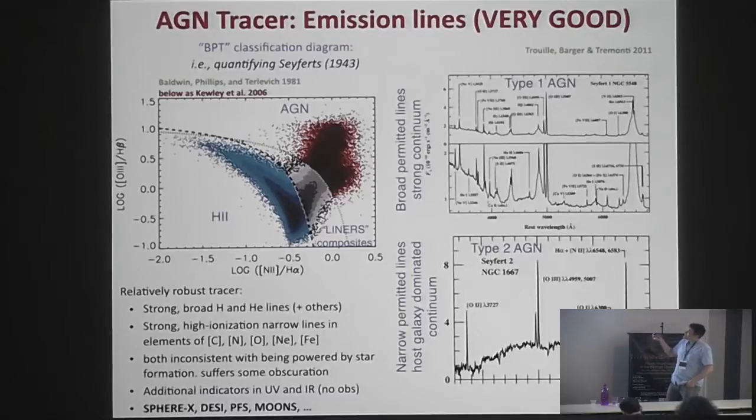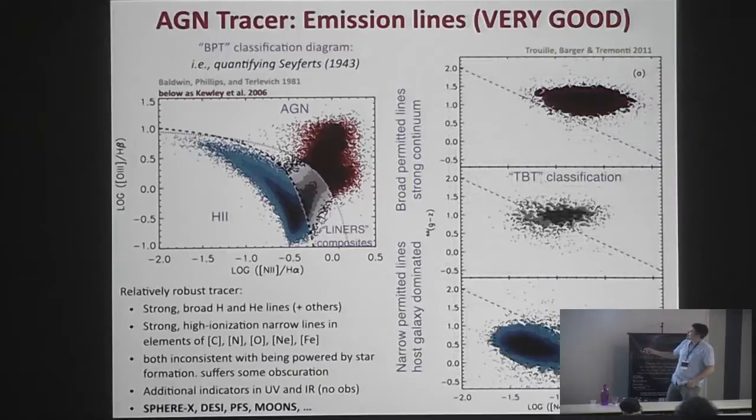So people have tried to think about different classifications which use lines which are seen in the rest frame V or U band, or even the near ultraviolet. And so the neon is at 3,000 angstroms, O3 is at 3,700. Neon 3 is actually around 3,700 as well, 3,600.